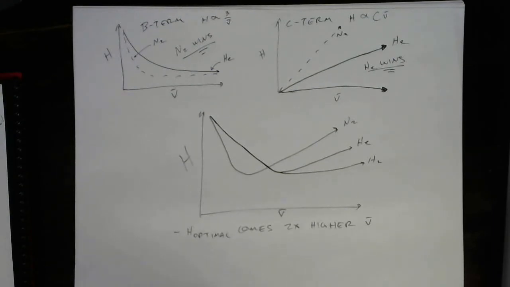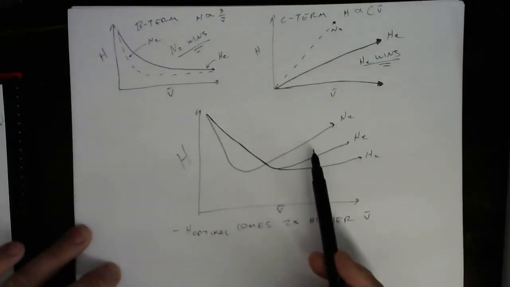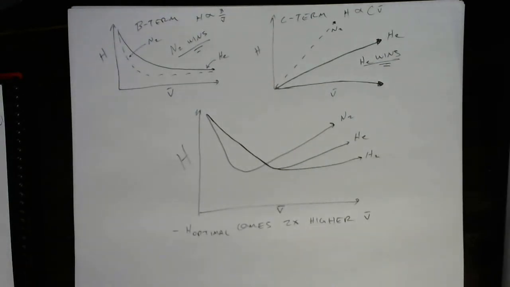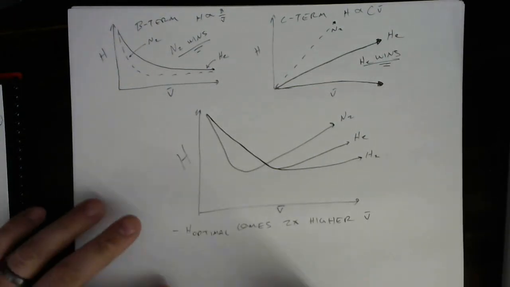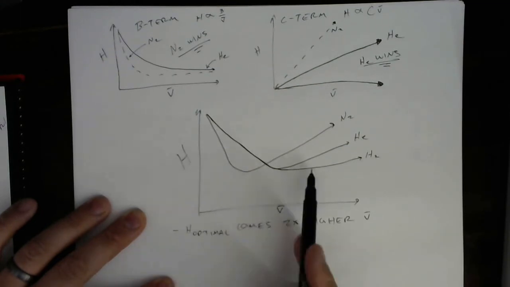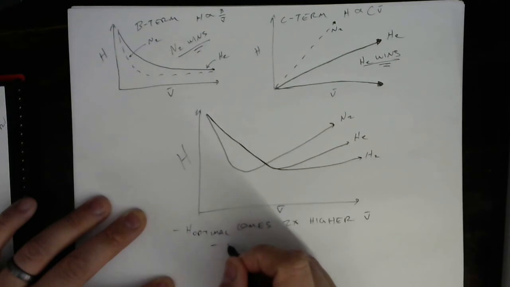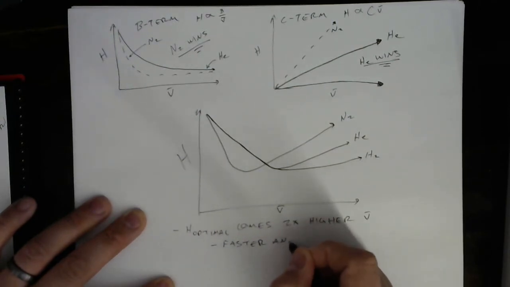If you remember back to when we first talked about Van Deemter, we said we never work on this side of the optimal, but we very often work on this side of the optimal because there's only so much resolution you need, right? Once you're baseline resolved, you're pretty good, and faster analyses are better. And so coming at twice the volumetric flow rate of nitrogen means faster, probably 2 times faster analysis times.